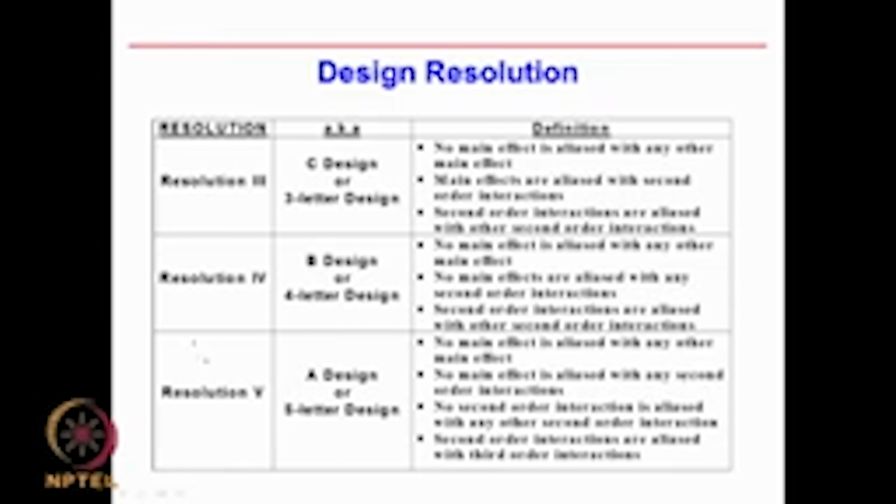Same thing I showed yesterday, resolution 3 design. Main effects are not aliased with main effects, but main effects are aliased with second order interaction. So, that is bad, and second order interactions are aliased with other second order interaction. Resolution 4 design, main effects are not aliased with main effects, they are aliased with the 3-way interaction, and 2-way interactions are aliased with 2-way interaction.